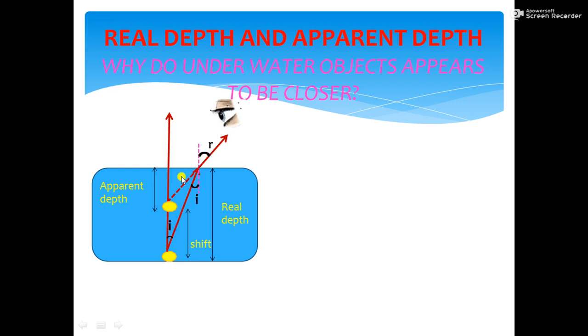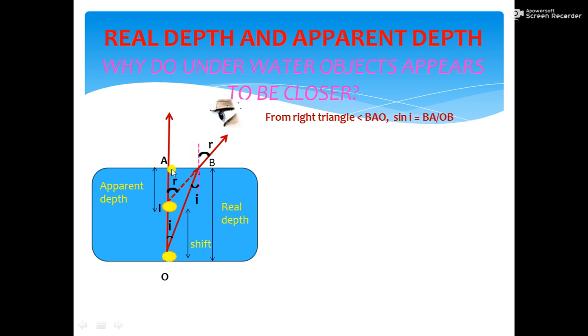And this angle is R, so this angle is also R. Let us name the object as O and the image as I, this point as A and this point as B. Let us find an equation for real depth and apparent depth connecting with the refractive index of the medium. For that, consider the right triangle BAO.